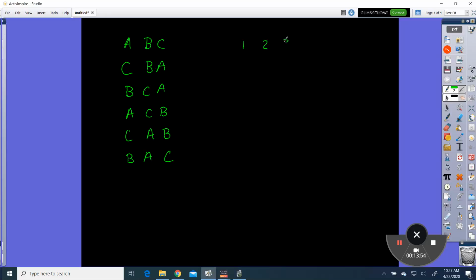If I had 1, 2, 3, I could go 1, 3, 2; 3, 1, 2; 3, 2, 1; 2, 1, 3; 2, 3, 1. So anyways, there's 6 different ways that I can rearrange groups of 3. A way I could do that is if I have 3 spots, I could have 3 times 2 times 1, which makes 6. Okay?